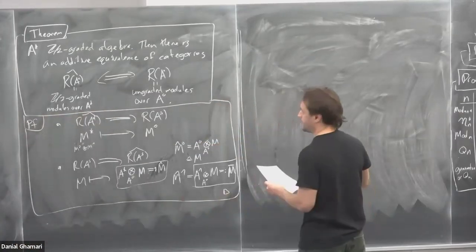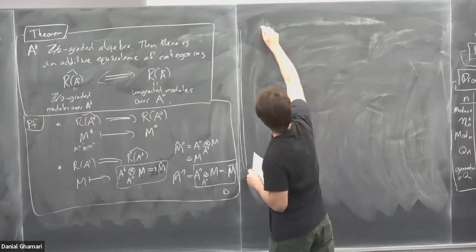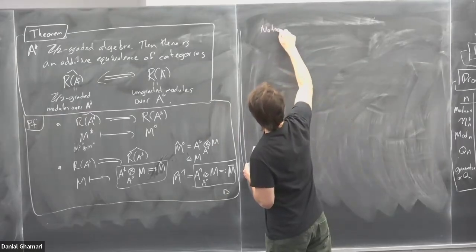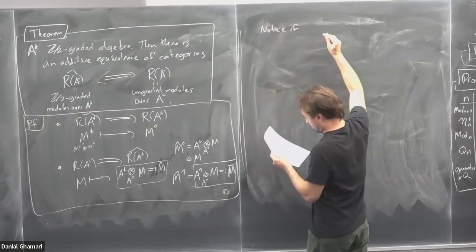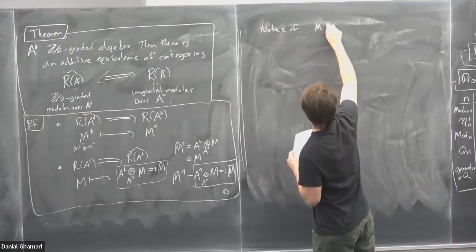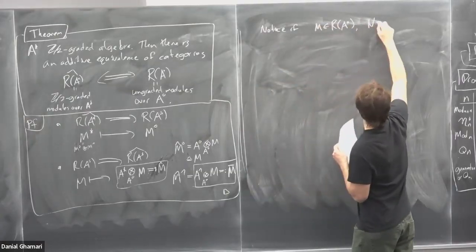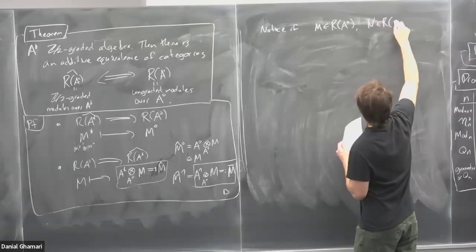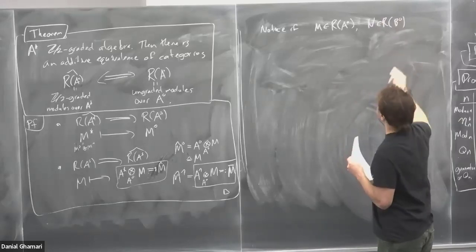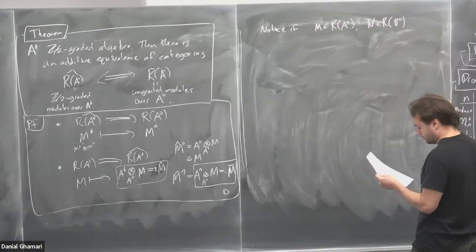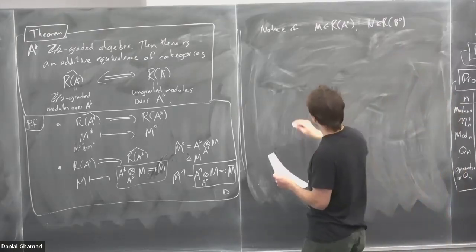Here's a little formula that's going to help us to calculate. So let's take a pair of ungraded modules, so the even parts of two graded algebras. So there's an A star and a B star, and we have two arbitrary modules over them.